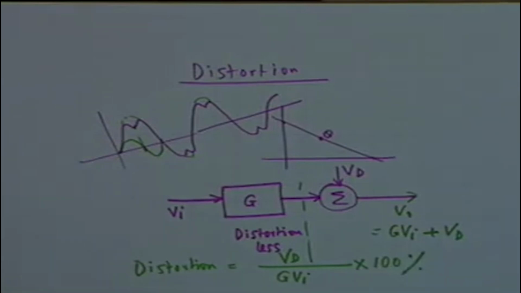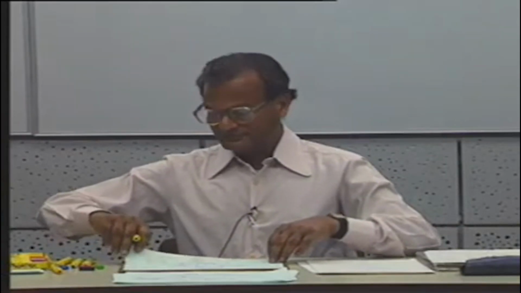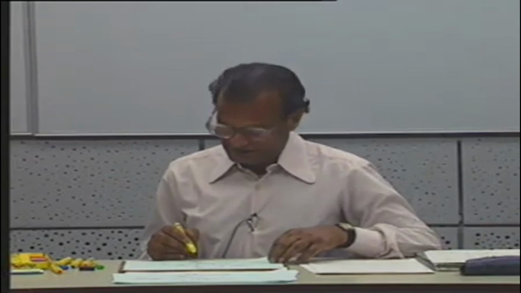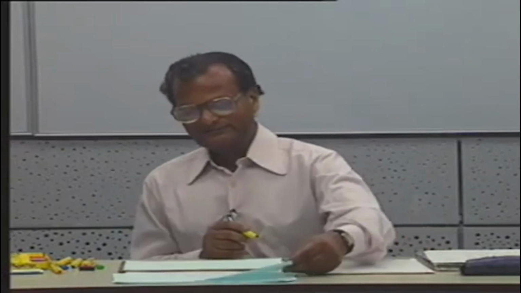Suppose now to this distortionful amplifier, we introduce a negative feedback. Let us see what happens. GVi plus Vd, yeah, this is the summer. Percentage distortion is the distortion component divided by the undistorted output multiplied by 100. Okay. If Vd is 0, there is no distortion.